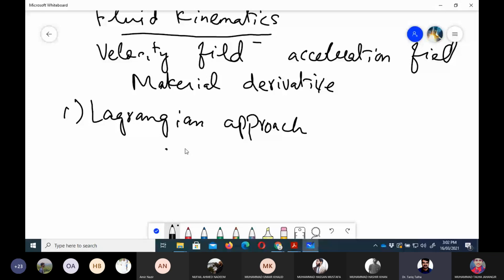So that is the Lagrangian approach, and it is analogous to what we call the system approach. In thermodynamics, you must have learned about the system. And then the second one is the Eulerian approach.